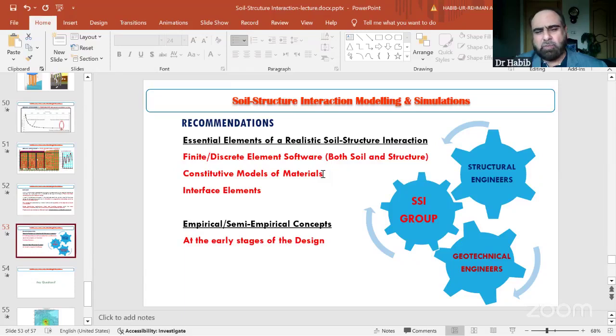It depends on the type, nature, and sensitivity of the structure, the budget available, the time available for construction, the contractors available, and the material available for the improvement. Because if I say you have to do stone columns, you may not find a stone columns contractor in the area. If I say it's dynamic compaction, I'm just throwing a general idea.